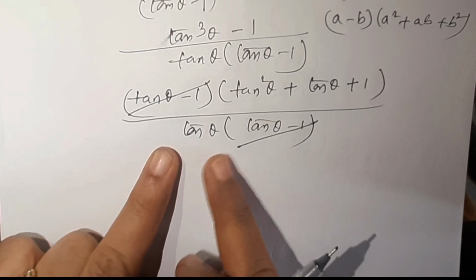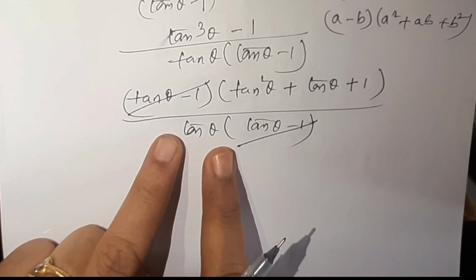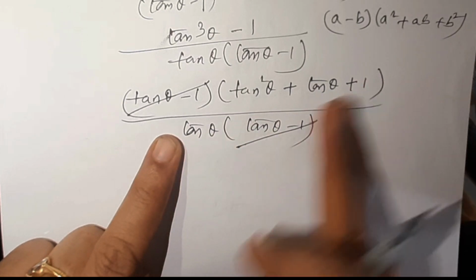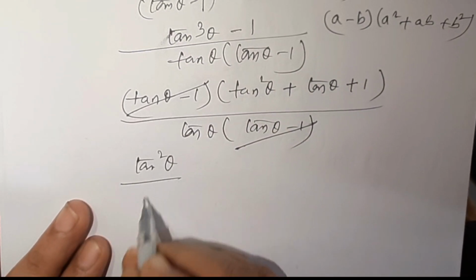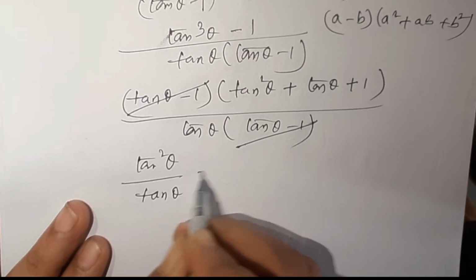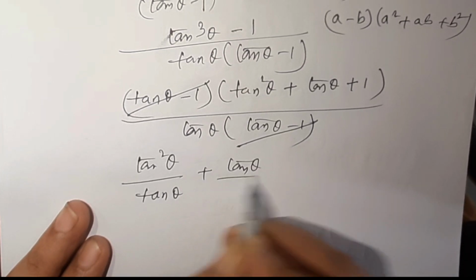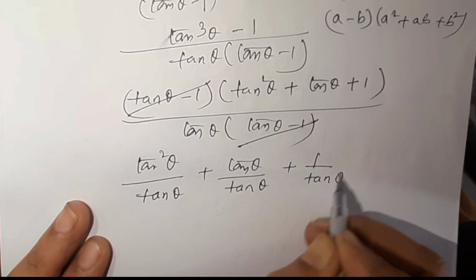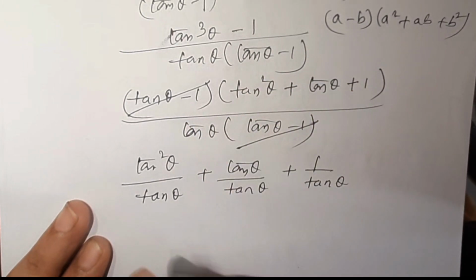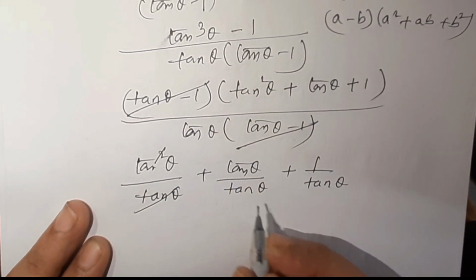As I explained in the previous question, if there is only a single denominator, we need to separate it below all terms. So I am going to make the separate division: tan square theta upon tan theta, tan theta upon tan theta, and 1 upon tan theta. So this I separated just below every unit. Now tan theta got cancelled.